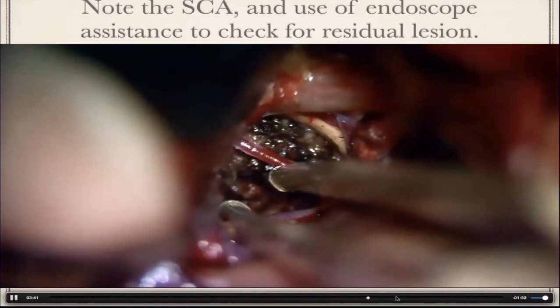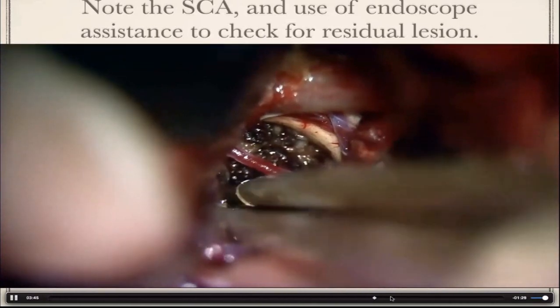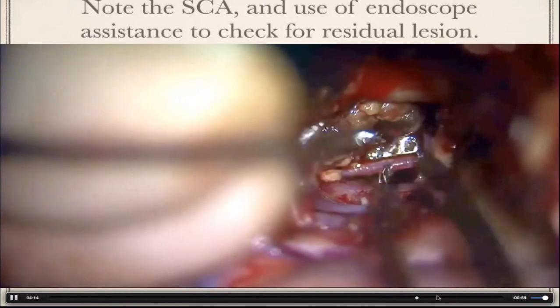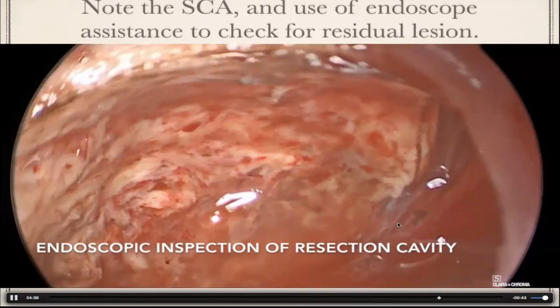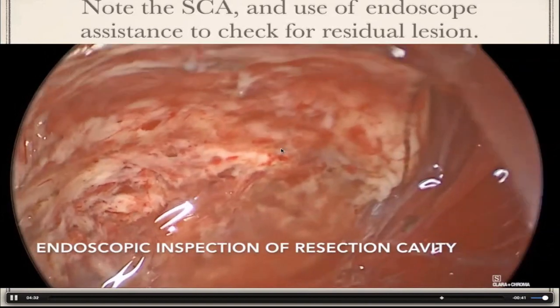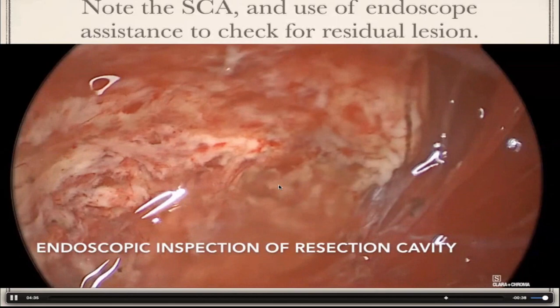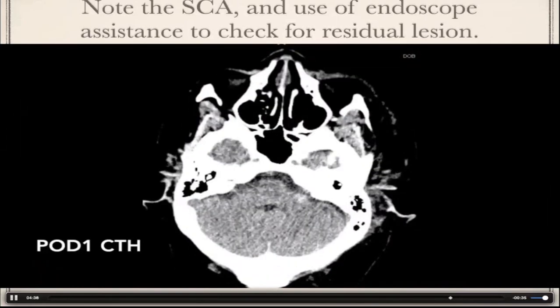I had to shrink it because I'm against the cerebral peduncle, so I shrunk it with the bipolar. But what I want to show you is at the end, when I was not absolutely sure, I took it all out. Look at the DVA, beautiful DVA on the right. This is the endoscope, a 30-degree endoscope showing me a very clean cavity. And here is a post-op imaging.